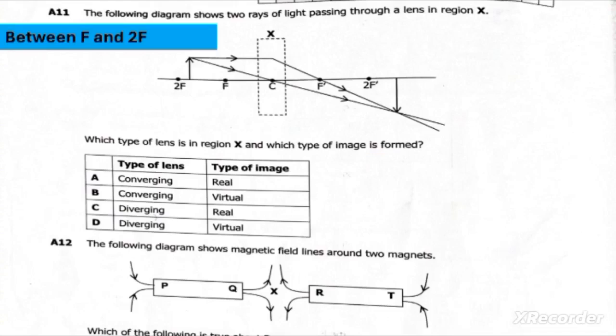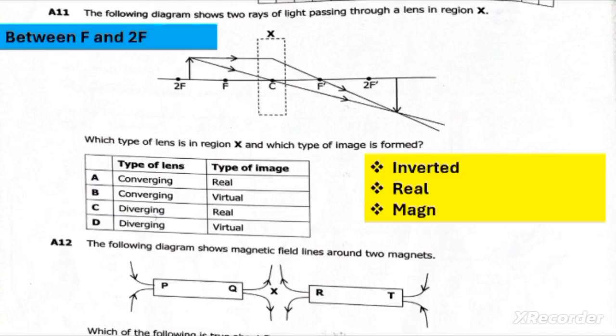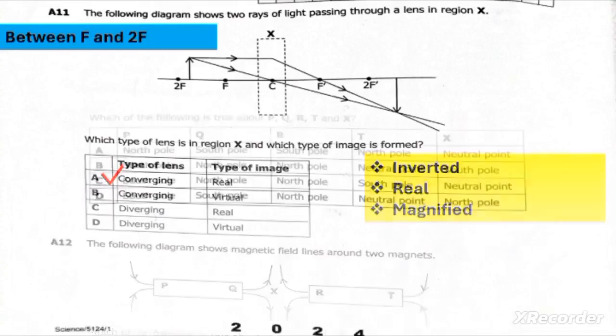The characteristics of the image that will form: the image is inverted or upside down, the image is real, and the image is magnified, or we are simply saying the image is bigger than the object. So therefore, the lens is a converging lens, and the type of image is real. Okay, we are done with this question.